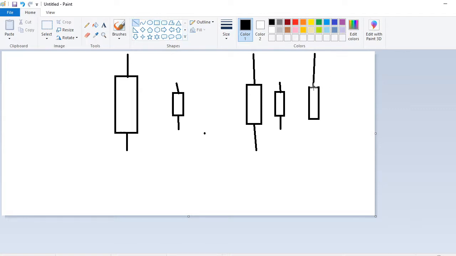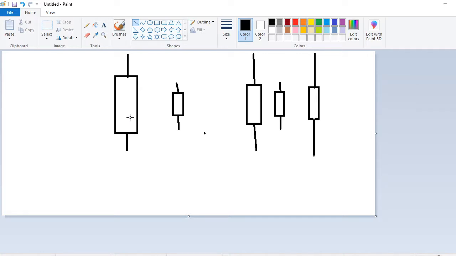It's very simple. What is the difference between the wicks and the body? The body is formed by the difference between open and close. So if the difference is big, that means the candle has a big body, and the move is big.